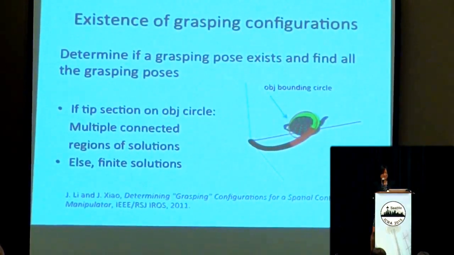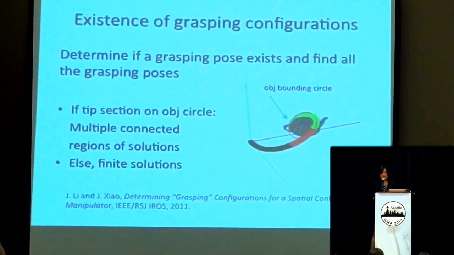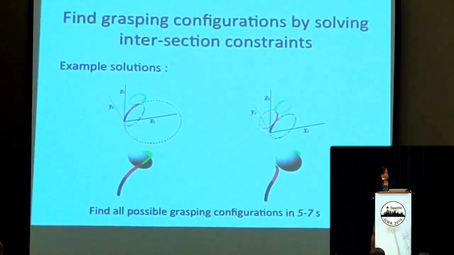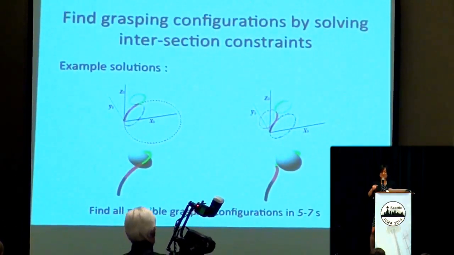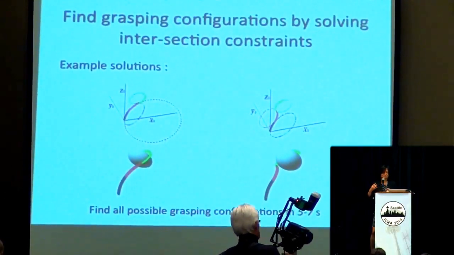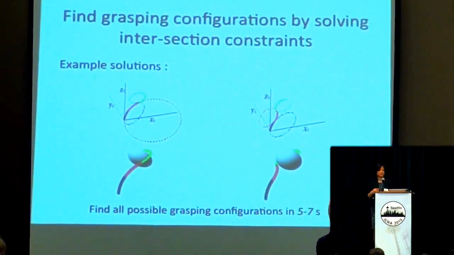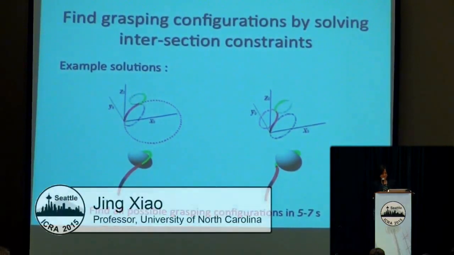Otherwise, if more than one section is curving around an object, then we have finite solutions. We find those solutions by solving intersection constraints, such as for adjacent two sections, their circles have to be tangential.